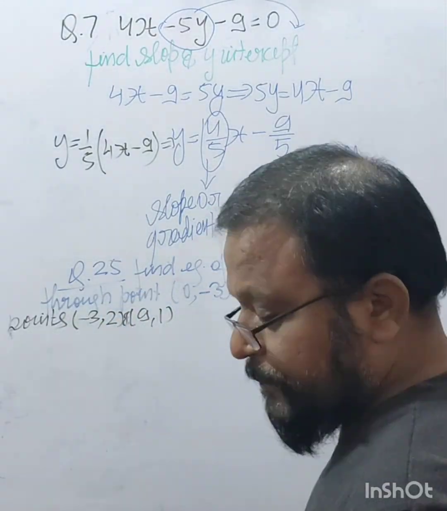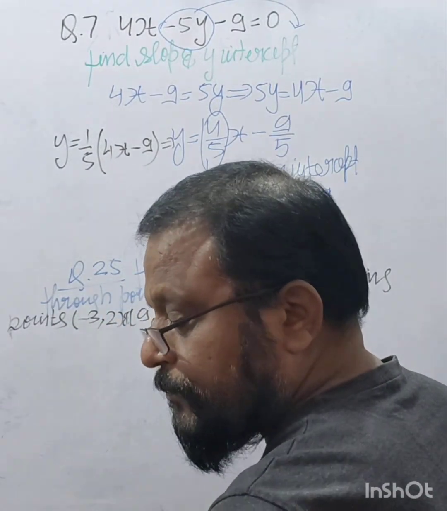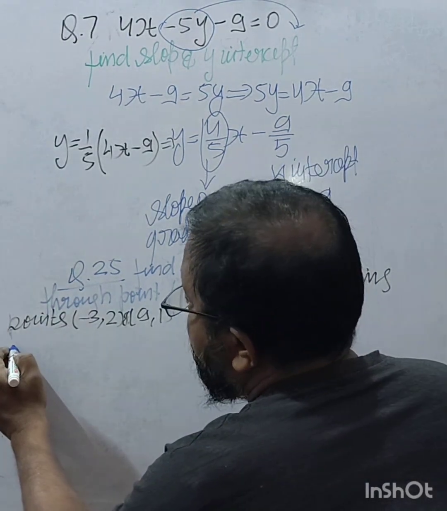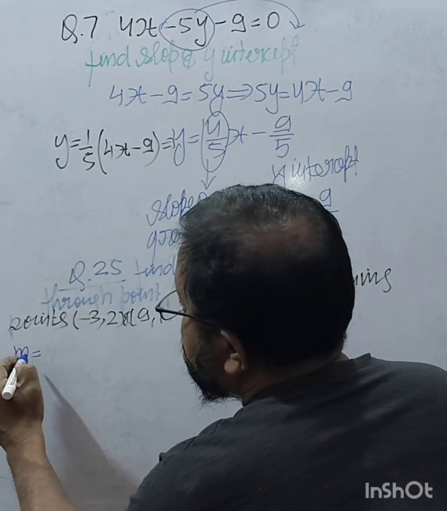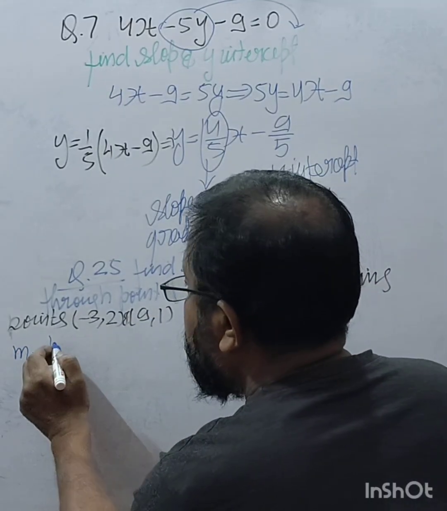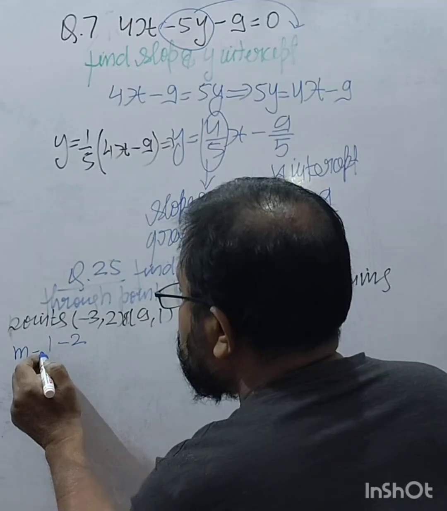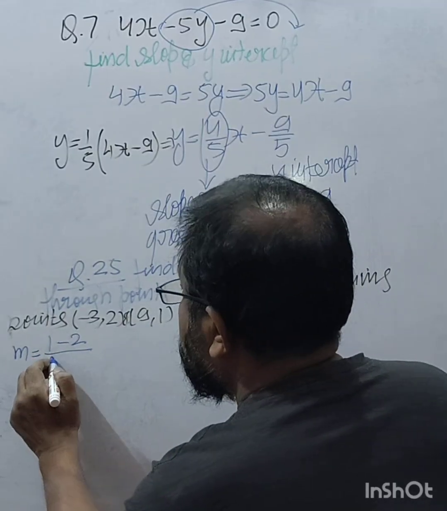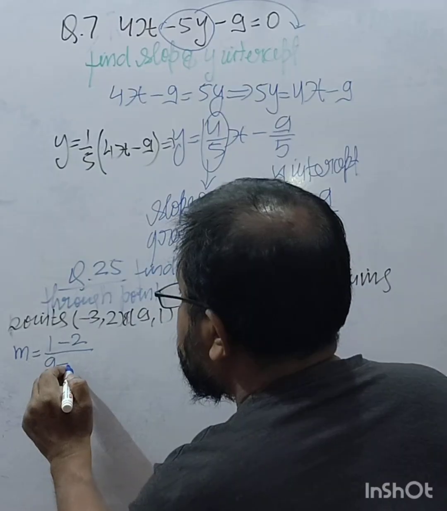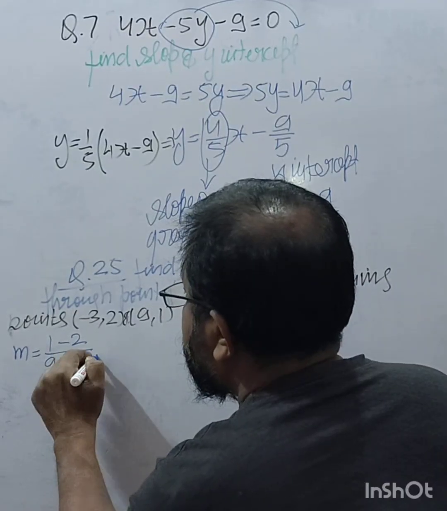So the slope will be m is equal to 1 minus 2 upon 9 minus 3.